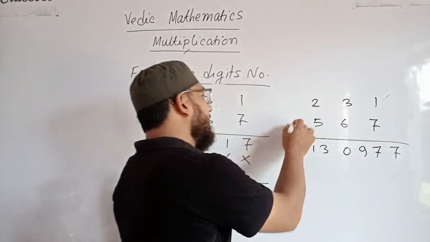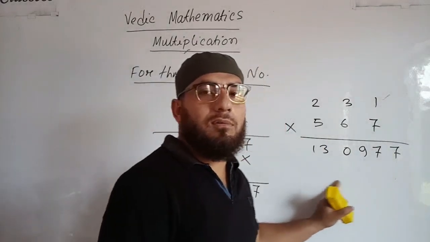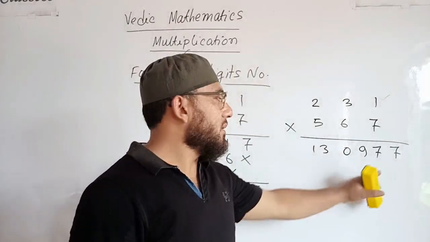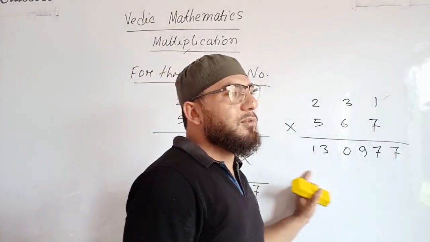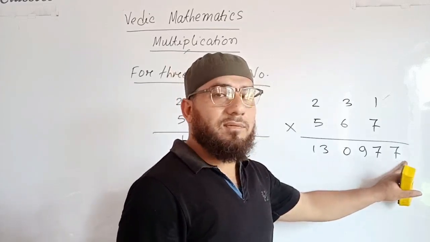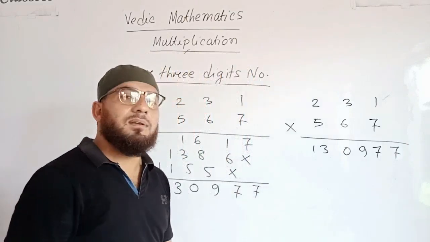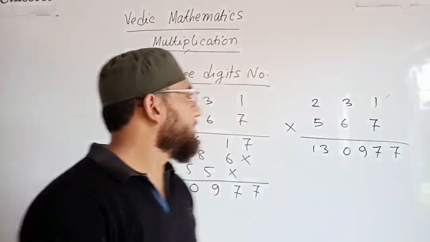So in the case of basic maths, you can write multiplication from left to right or right to left, no problem. You can start from this one, and you can start from this one. So you can multiply in basic maths in a very quick time, right?